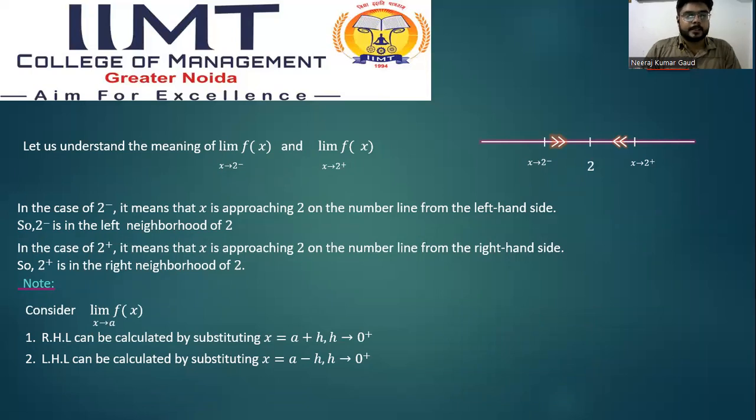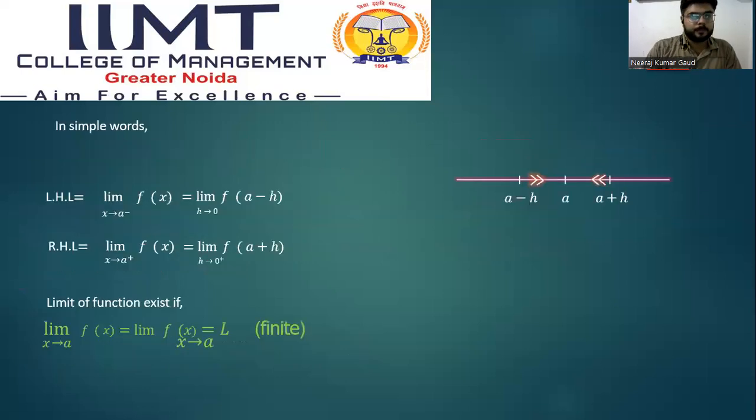Now consider limit x tends to a f(x). RHL can be calculated by substituting x equal to a plus h, where h tends to 0 positive. LHL can be calculated by substituting x equal to a minus h, where h tends to 0.